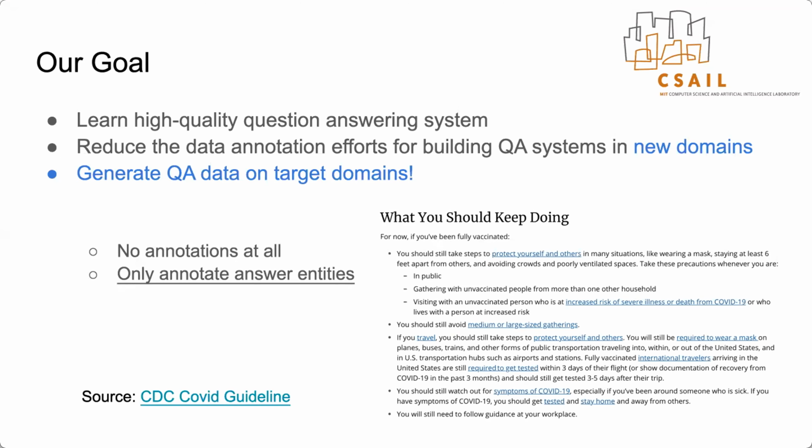So we have two scenarios. Firstly, we can handle domains with no annotation at all, or we can have domains with annotated answer entities. For example, this CDC COVID guideline with highlighted important spans that are potentially answer entities.